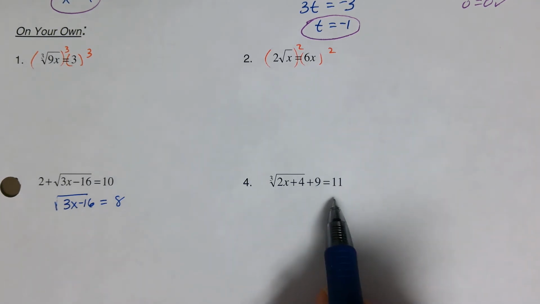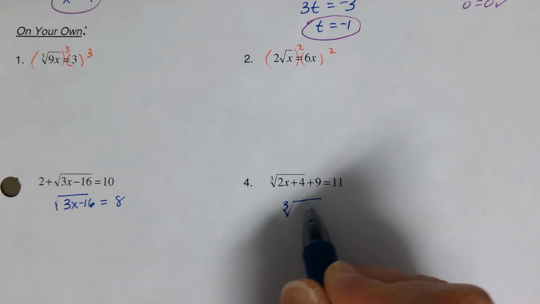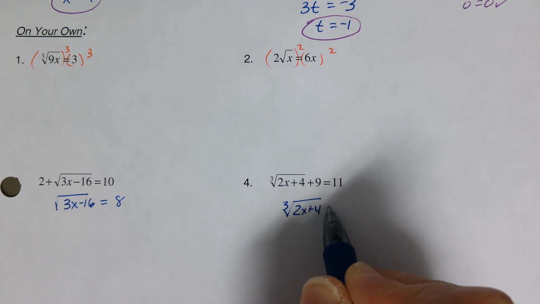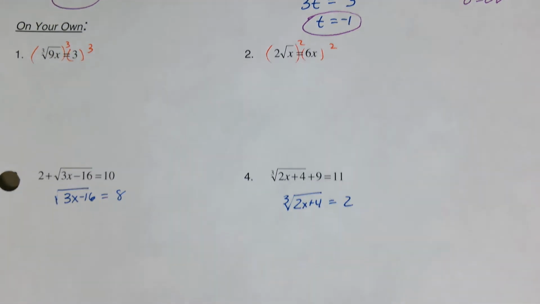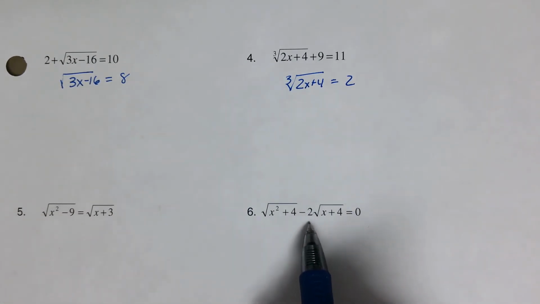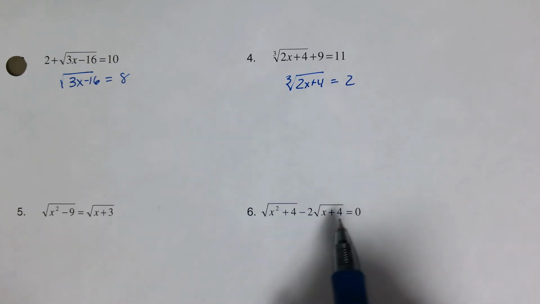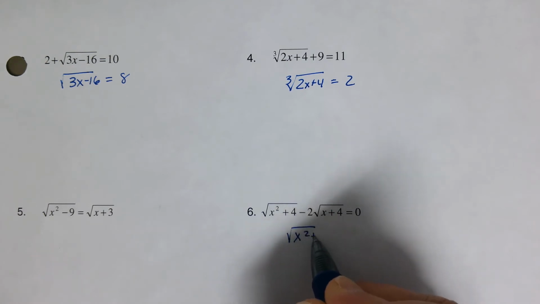Same here, subtract 9, and then cube both sides. Square both sides. Here, bring the add 2 square root of x plus 4, and then square both sides.